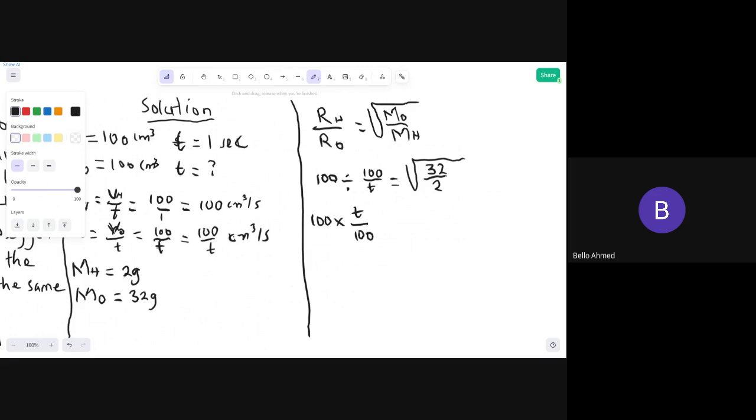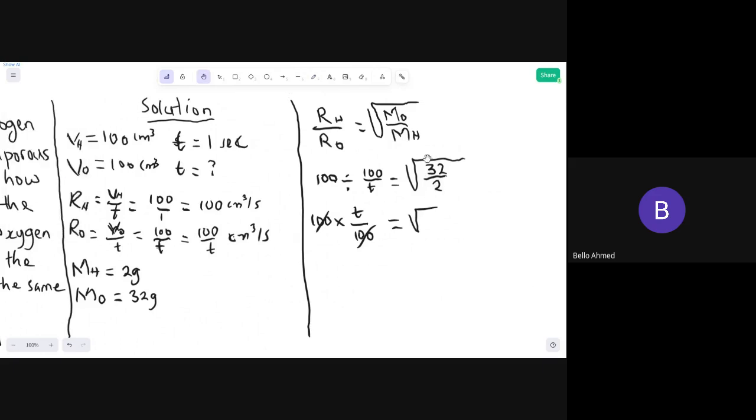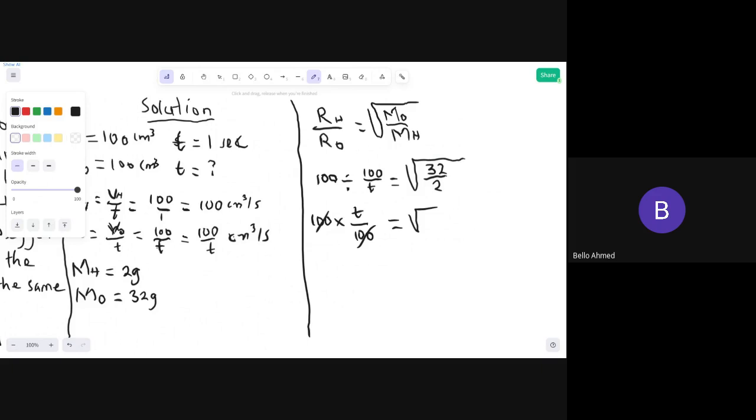And this 100 is going to cancel the 100 here, so I'm left with T. On the right-hand side, I'm going to be left with the square root of, and 2 goes into 32 sixteen times. So I'm going to write the square root of 16 here.